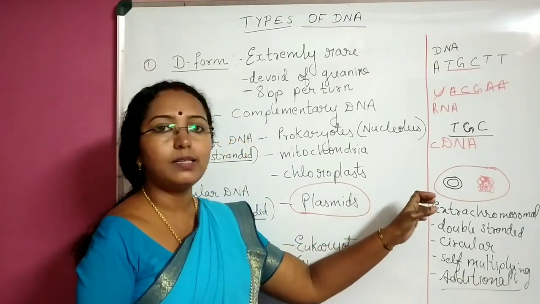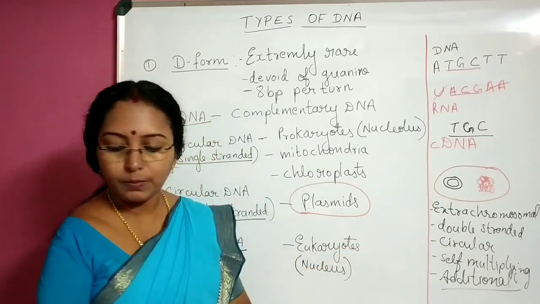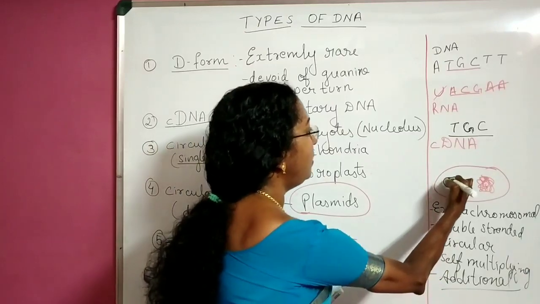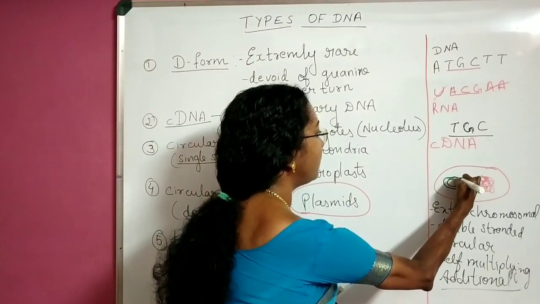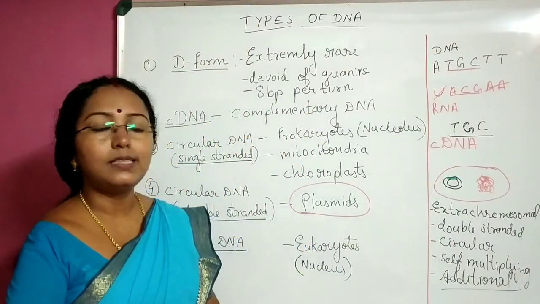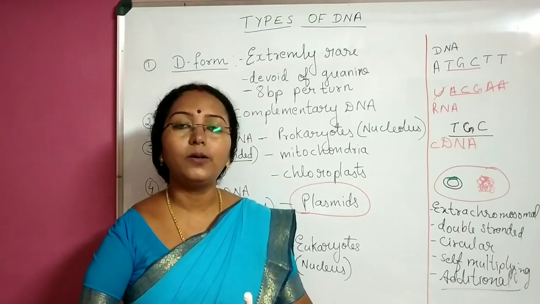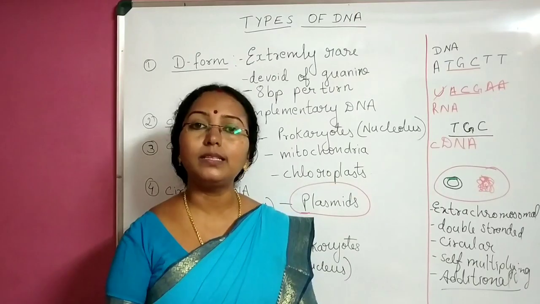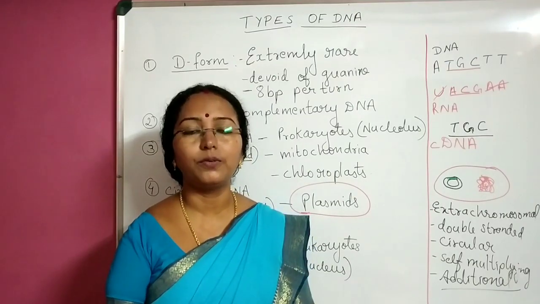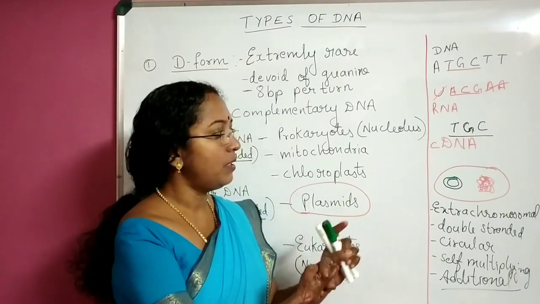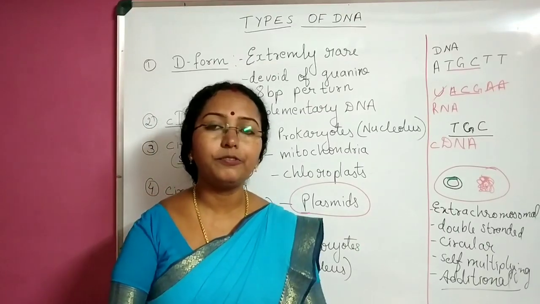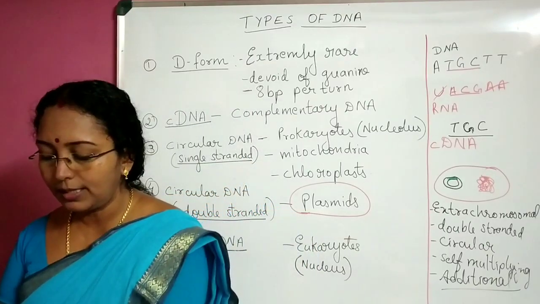See, imagine this plasmid is present, and this plasmid is having a region here, this particular region of the plasmid. This region is imparting antibiotic resistance. For example, say the antibiotic penicillin, the first antibiotic found out. This particular region has a property to resist the effect of penicillin.